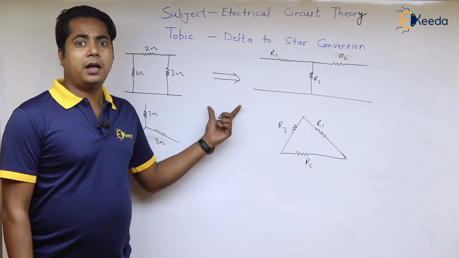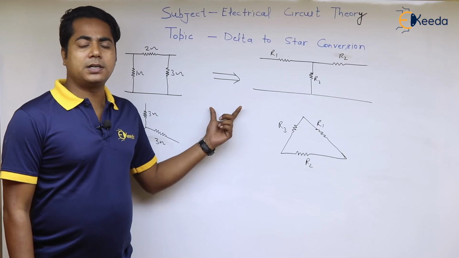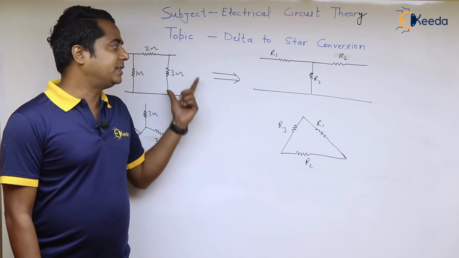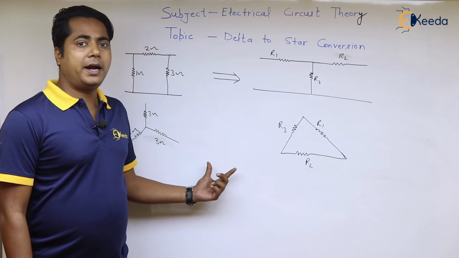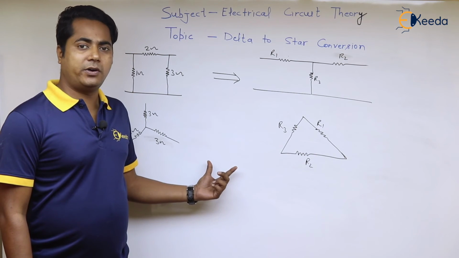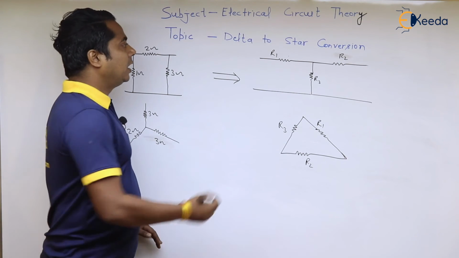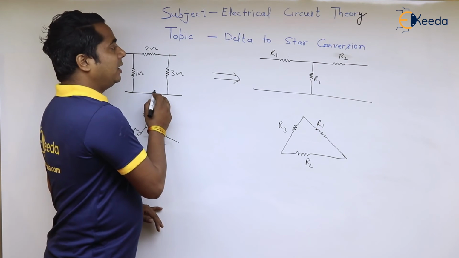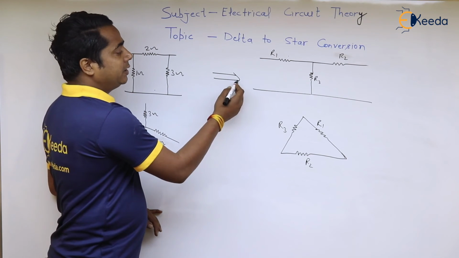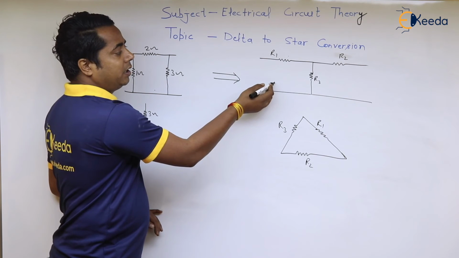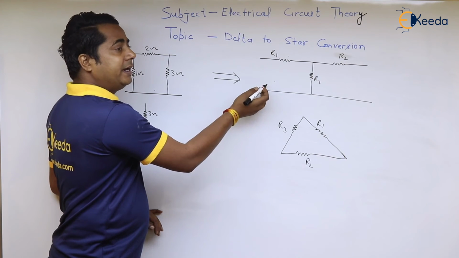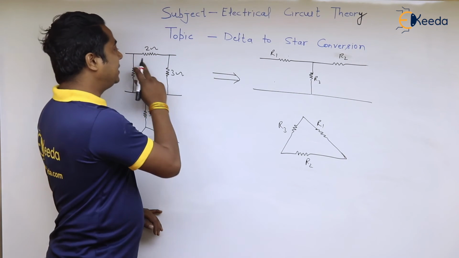To understand star to delta and delta to star conversion, we will understand through two examples. And we need not remember the formulas. Here, this pi model has to be converted into this nominal T model. But if you see in terms of star and delta, this is your delta.